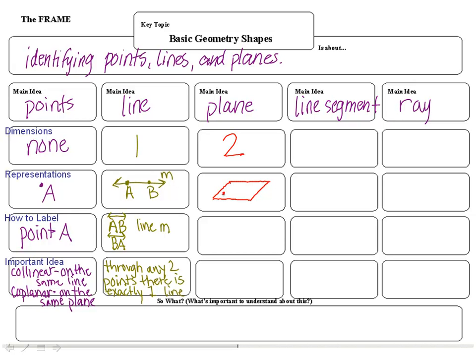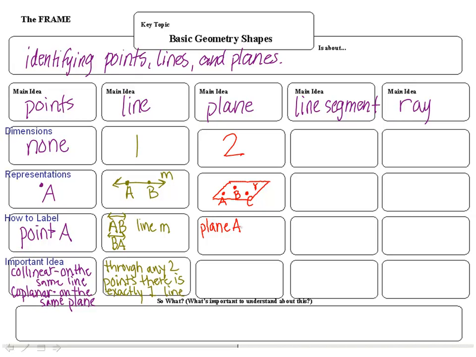So I'm going to put a couple points on here. I'm going to put a point A, I'm going to put another point B, and I'm going to put another point with a C next to it. And then I'm going to label this, and I'm going to put a Y. Now notice I did not put a point with that Y. I just put the letter Y on there. So to label this, I would call it plane, and then I have to use 3 points on it.